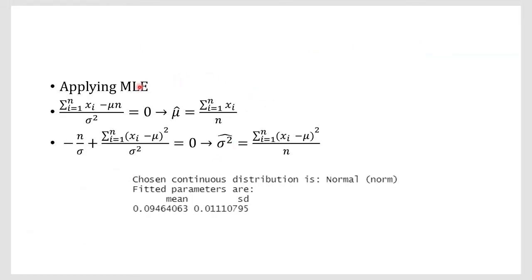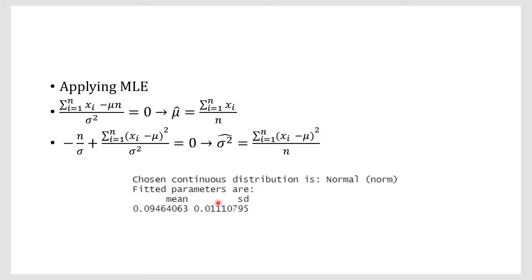Then applying the maximum likelihood estimator, it's to equalize this part of the formula to 0, and with algebra we obtain that the mu estimator is equal to the summation of x over n, and the estimator of the variance is equal to the summation of each x minus the mean to the power 2 over n.